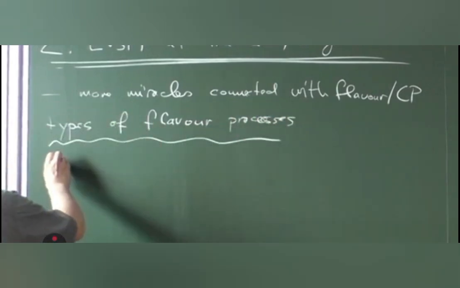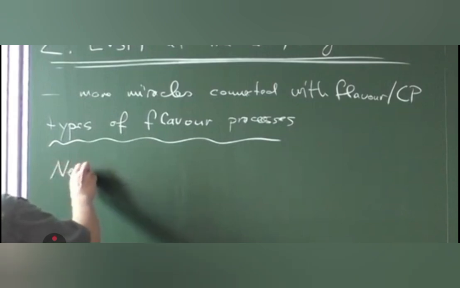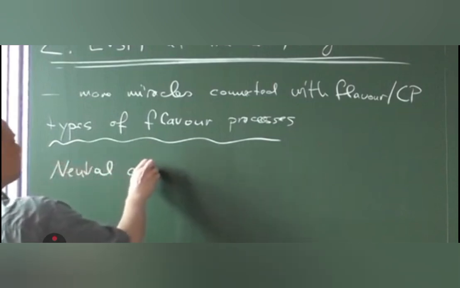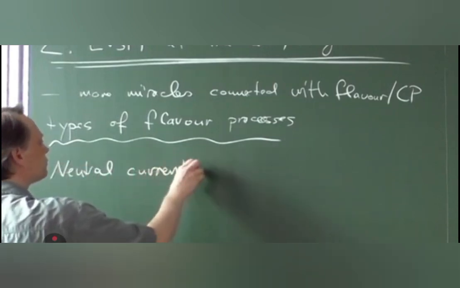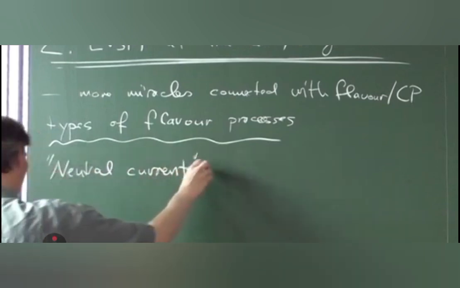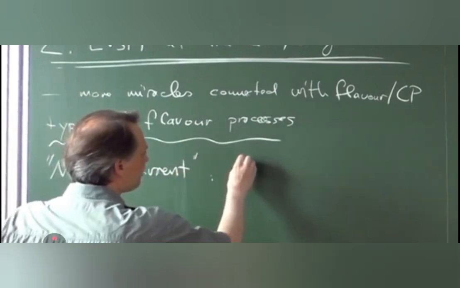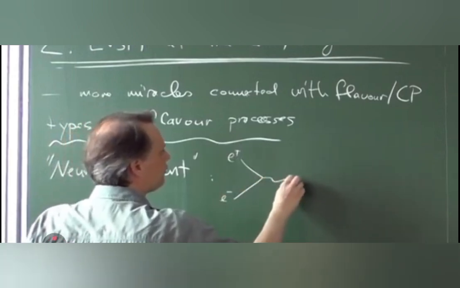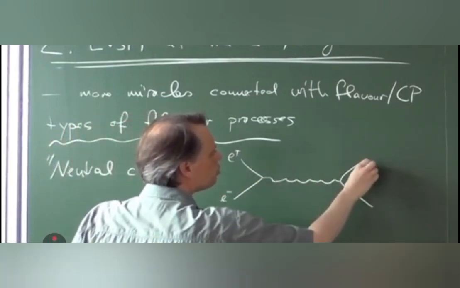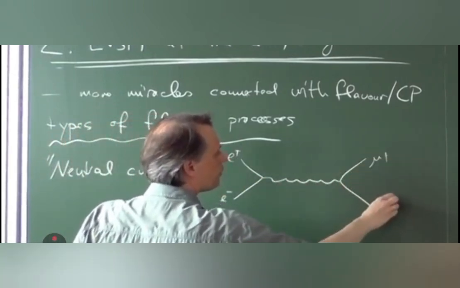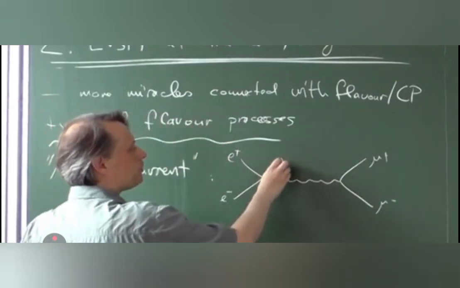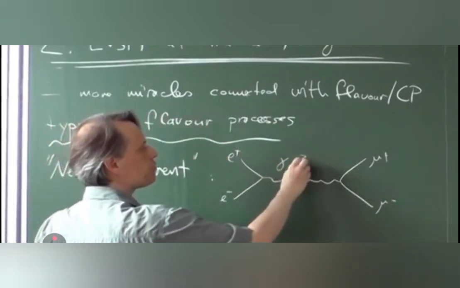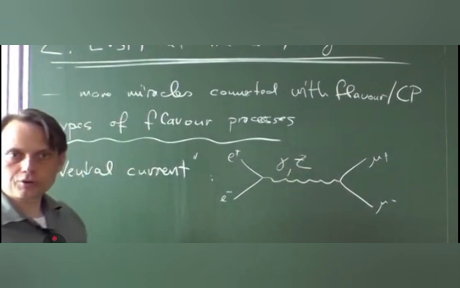So there are so-called neutral current processes. These are, for example, processes like e plus e minus going to mu plus mu minus, where you can have a photon exchange or a Z boson exchange as well.